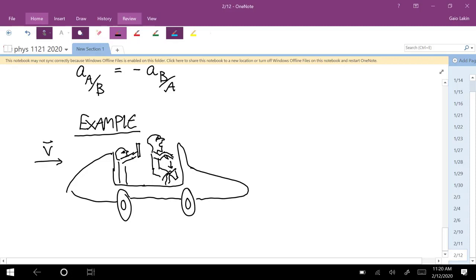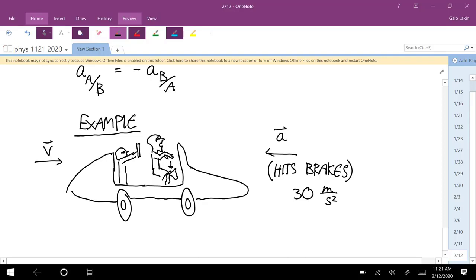If you slam on the brakes, what's the direction of the acceleration? Opposite. Okay, so let's say that the acceleration magnitude is, let's say 30 meters per second squared.